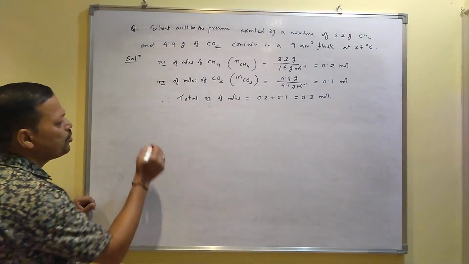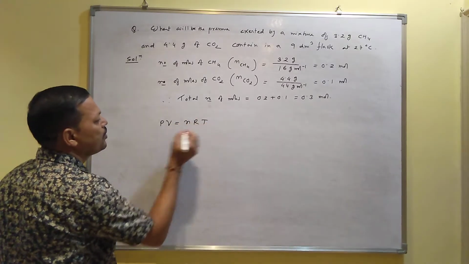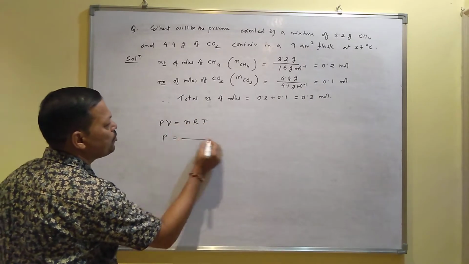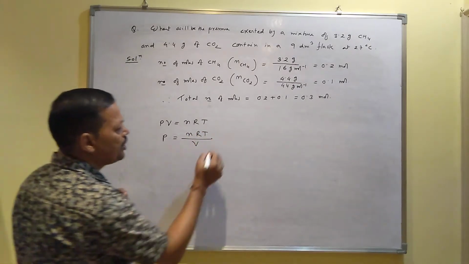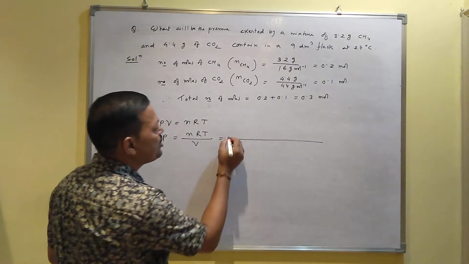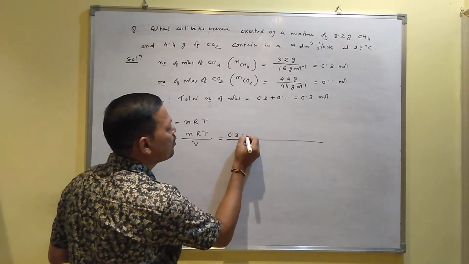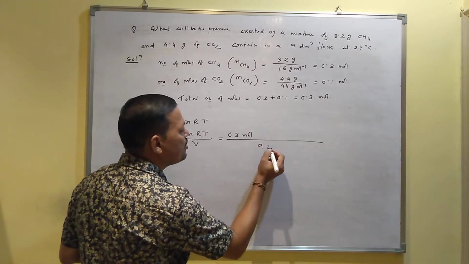Now, as you know, PV equals nRT. So if you want to determine the pressure, P equals nRT divided by V. Here n is the number of moles of the mixture, 0.3 mole. Volume is given as 9 decimeter cube, 9 liter.